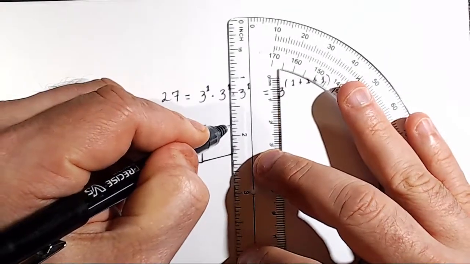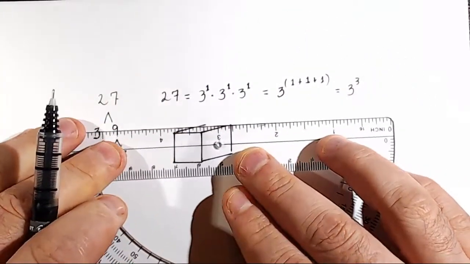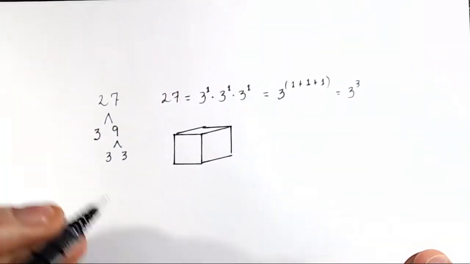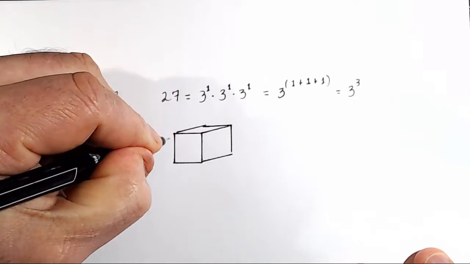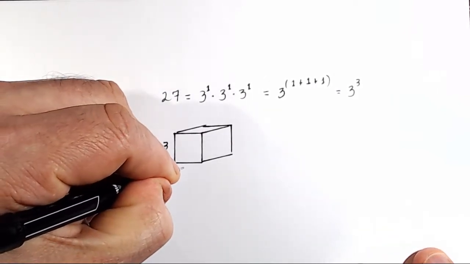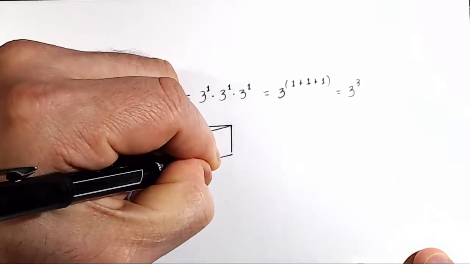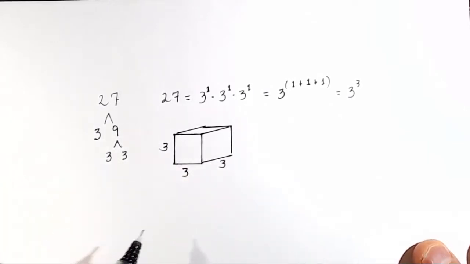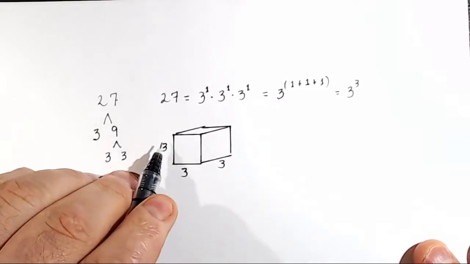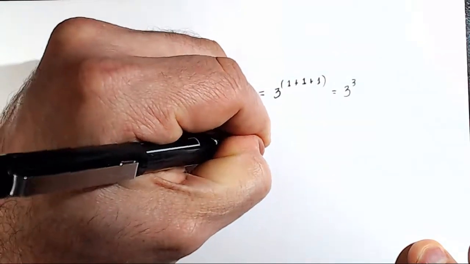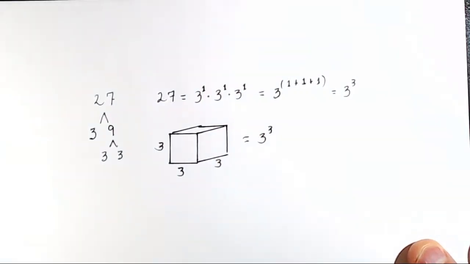Okay, we'll connect these. So what it means is that we have a cube with a base, a width, and a height of 3. So a cube, if you want to do it length times width times height, you have 3 times 3 times 3. So that is equal to 3 cubed. Okay?